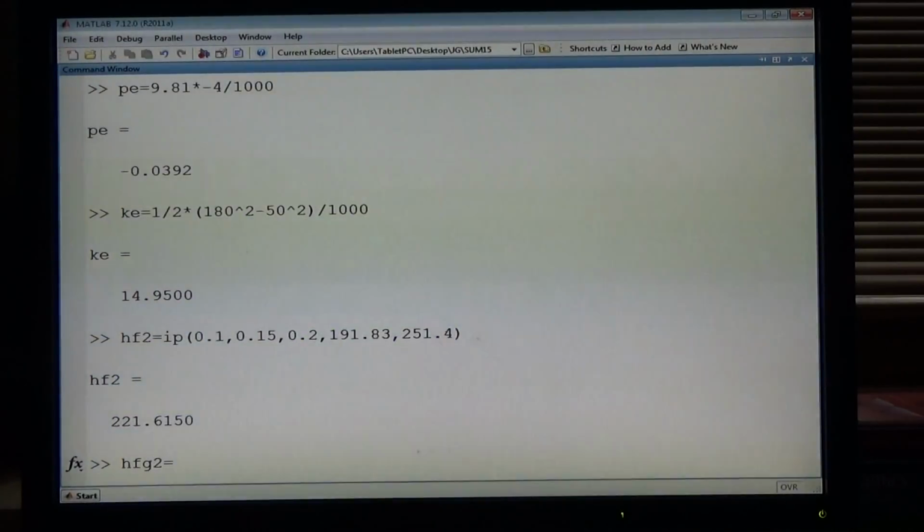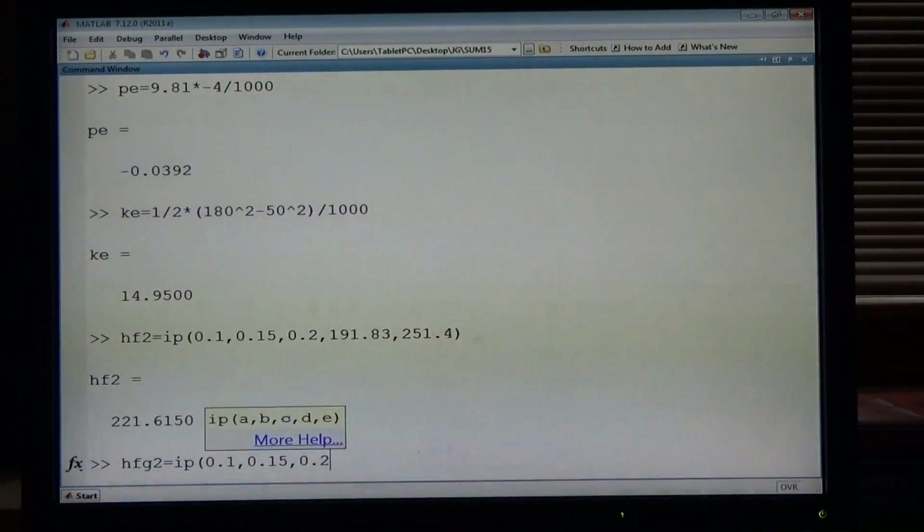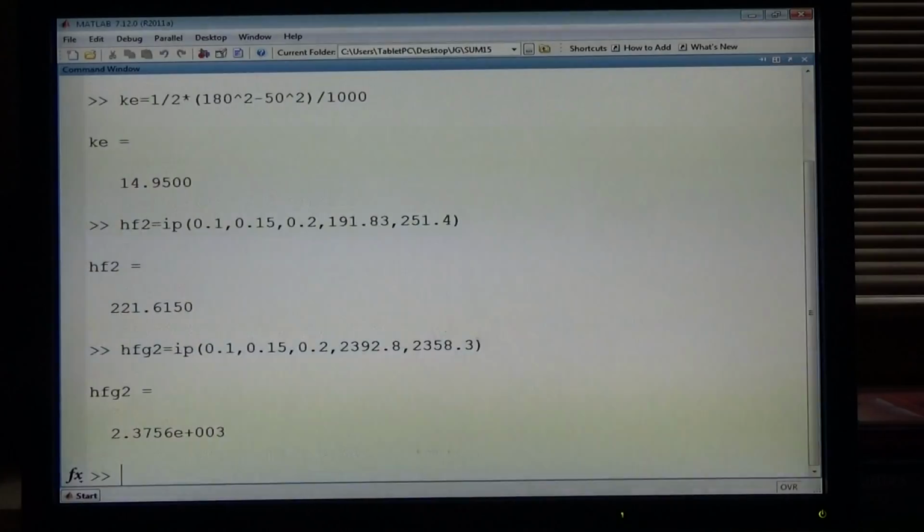And then for Hfg2, we're interpolating 0.1, 0.15, 0.2, with 2392.8 and 2358.3. So here's Hfg2: 2375.6.